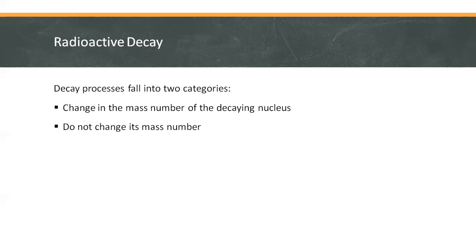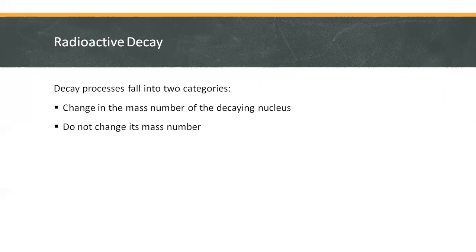Radioactive decay, also known as nuclear decay, radioactivity, radioactive disintegration, or nuclear disintegration, is a process by which an unstable atomic nucleus loses energy by radiation. A material containing unstable nuclides is considered radioactive.